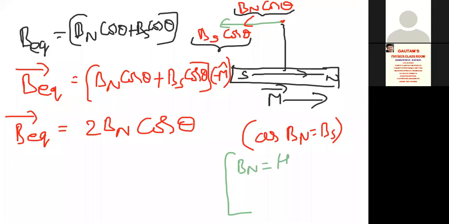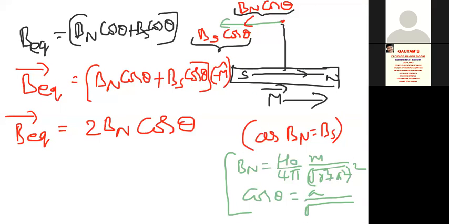Previously we wrote the value of Bn as mu naught by 4 pi, small m by square root of r square plus a square, whole square. And we wrote cos theta as a by square root of r square plus a square. Let's substitute here.